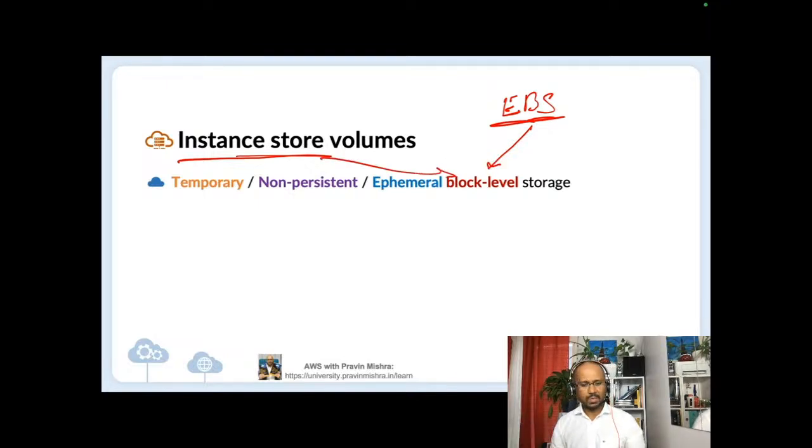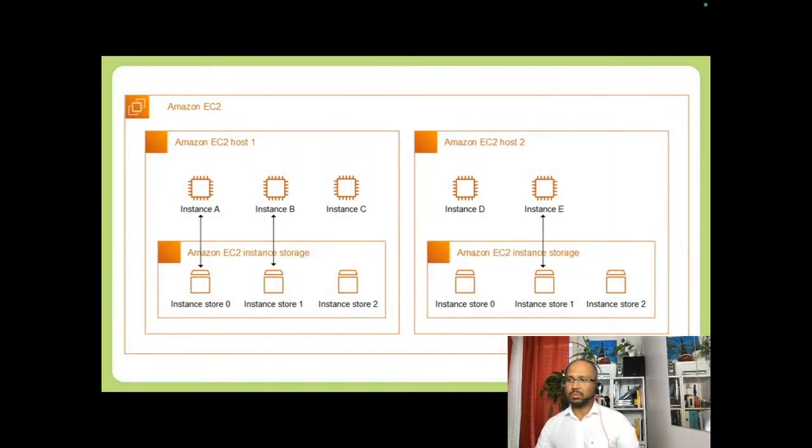What is the difference? To understand that, let's go to the architecture, because you are preparing for the AWS Certified Solution Architect Associate, so you should understand this from the architecture perspective. When we launch any EC2 instance, AWS has hosts.